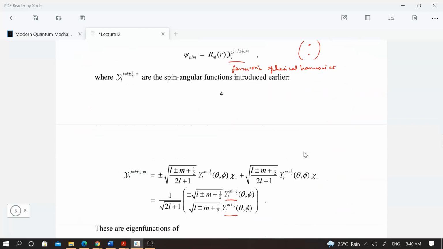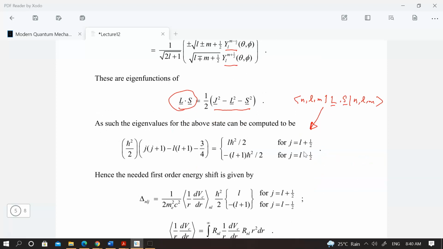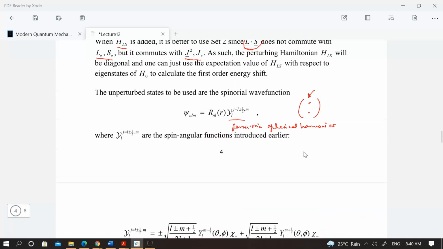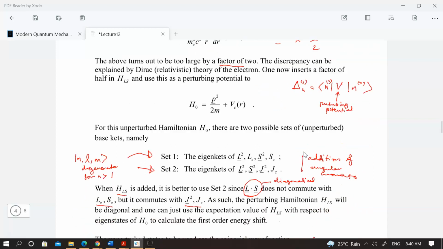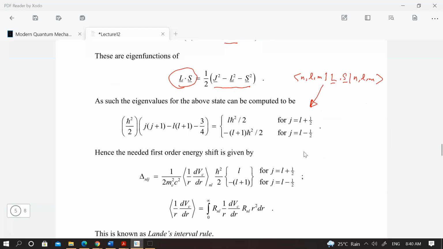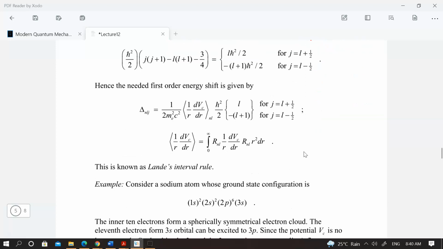So that will now be inserted here. In other words, this will come from your N L M states and H L S. This gives you your first order energy shift.